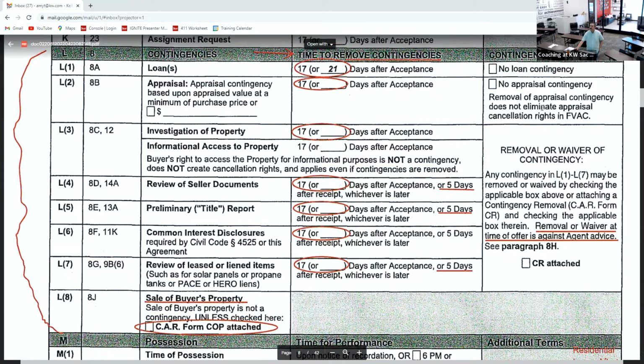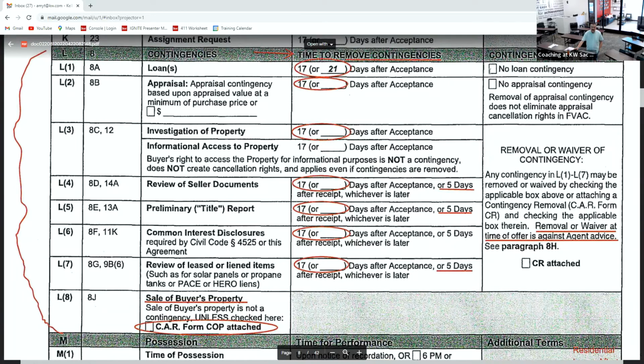If there's no appraisal contingency, like if you have a cash buyer who doesn't care what the appraisal is, you can check this. There's no loan contingency if they're already pre-approved and you're in a competitive market. You talk to their lender, you've all communicated together, and the buyer, the lender, and everyone is certain that there's not going to be a problem getting this loan.